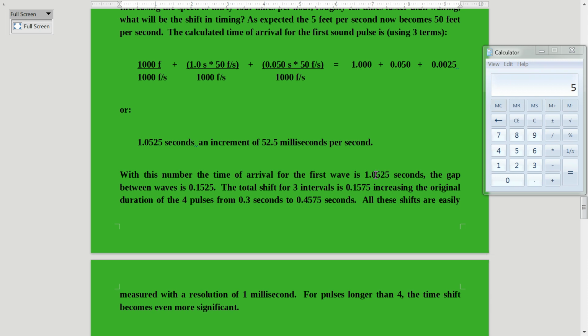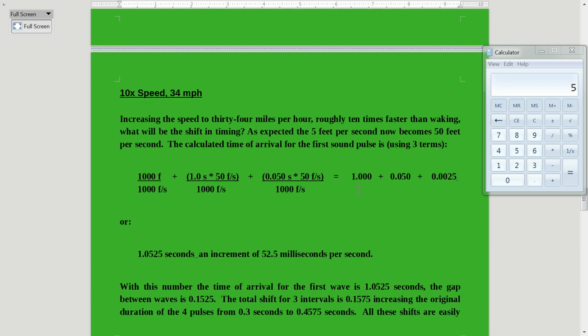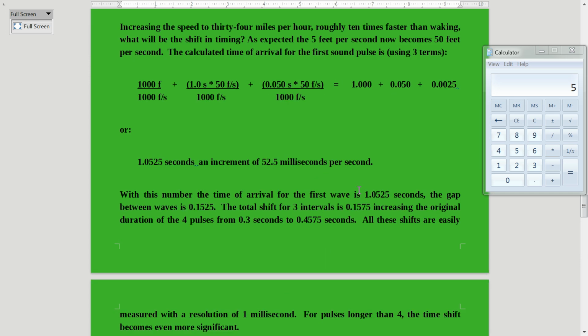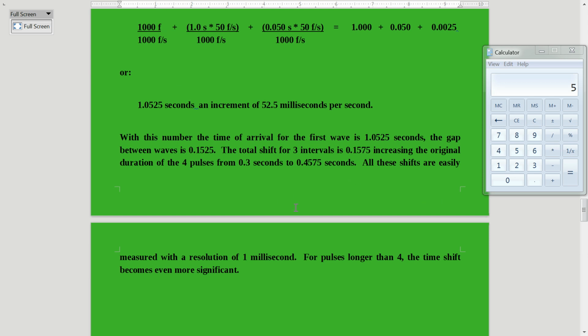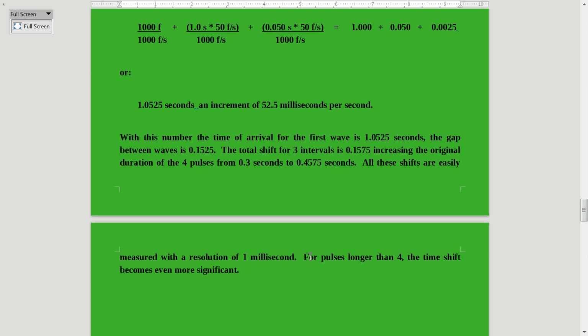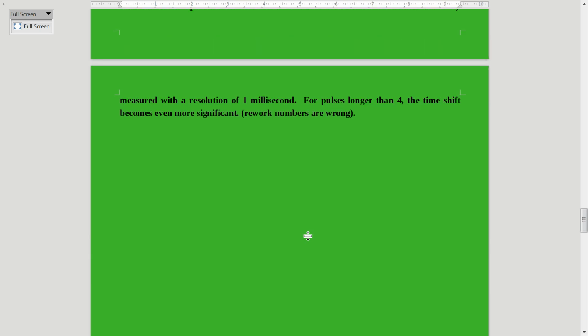So, we have 3 intervals, so that's going to be an additional 15. Yeah. So it's going to be 15 milliseconds longer, basically. Yeah, this statement here is a little bit wrong, and I need to rework it. So let me put it in there. And I'll come back and I'll correct that with an addendum, either in my next video or the following one. All right.